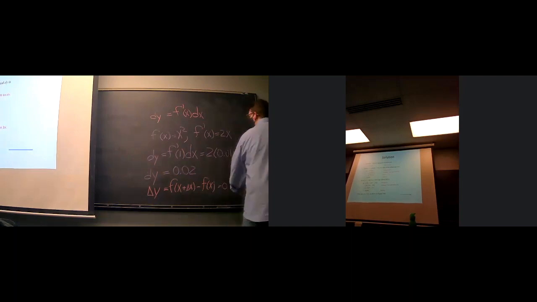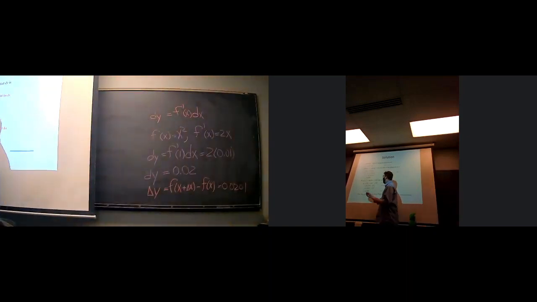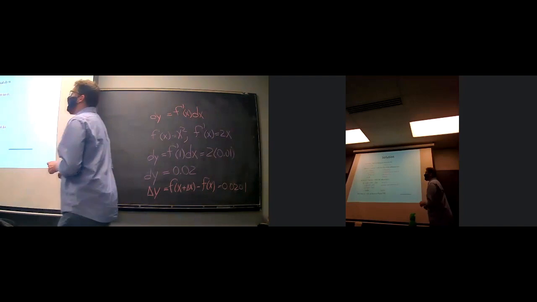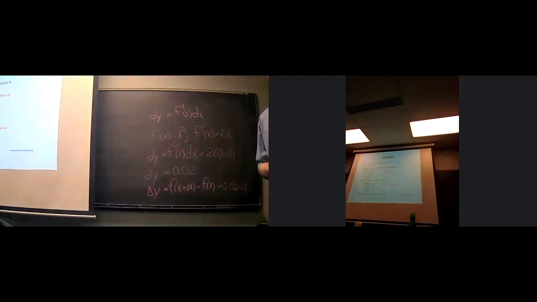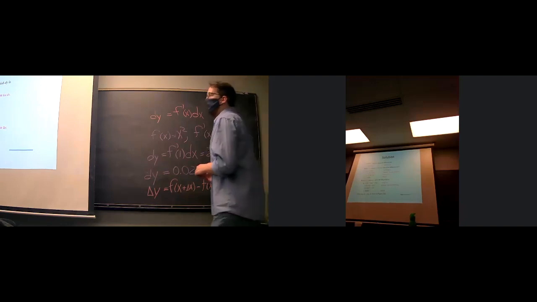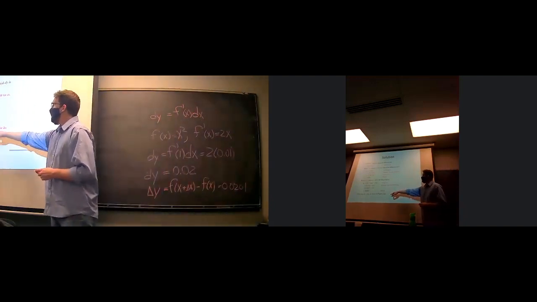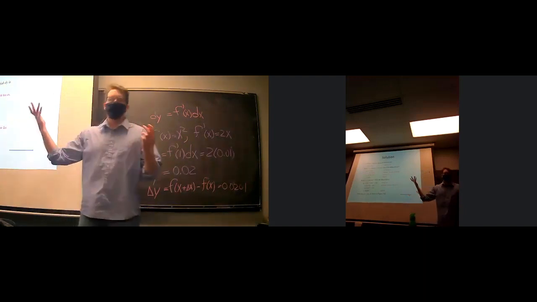So what we're saying here is that for small changes in x, dy and delta y are decent approximations for one another. Now, mathematicians have particular language about what we consider to be small, but generally, you can think of it as a decimal value less than 1, greater than 0.